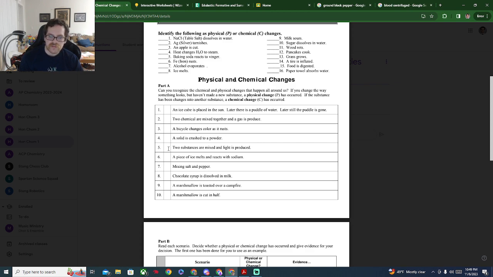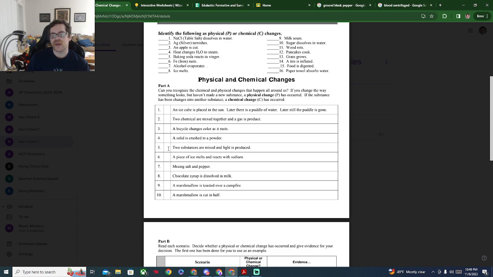A piece of ice melts and reacts with sodium. Well, this is a physical and a chemical change. First, it melts, then as a liquid, it reacts with sodium in a chemical change. Mixing salt and pepper is just a physical change. Chocolate syrup dissolving in milk, dissolving is physical.